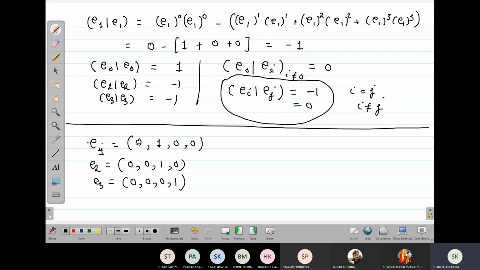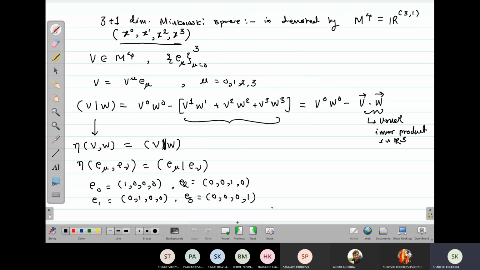So what should I do? Take this as an exercise: see whether this definition is compatible with your usual definition in R3 by choosing this as my basis vector in Minkowski space. I will leave it to you as an exercise. If not, then you change something here, and you figure out what change you need to make.